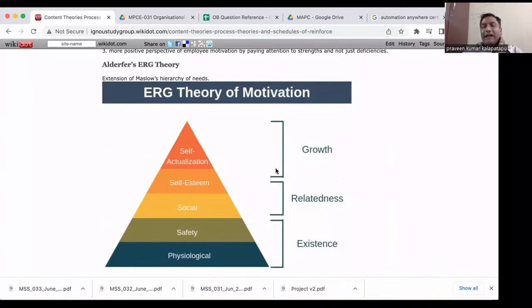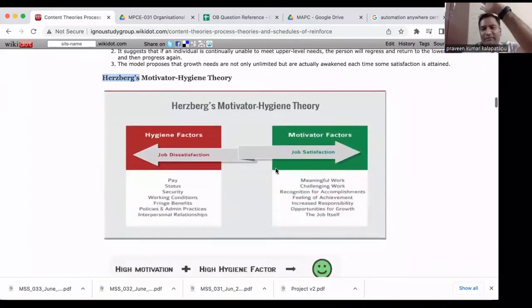Basically, these are the factors which are going to increase your motivation. For example, you have challenging work, you are more motivated to work. You are going to get recognition, you are more motivated to work. You have opportunities to grow, it is going to increase your motivation.